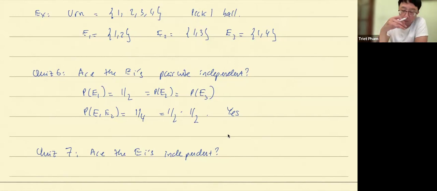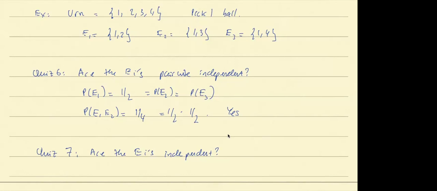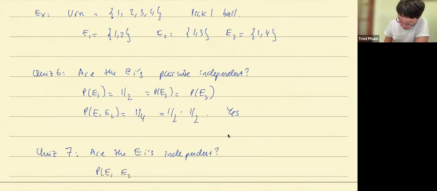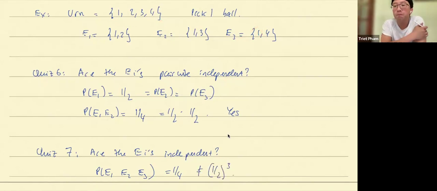Now, what do we need to do? No, because if we take the probability of all three happening, then we have 1/4, but that's not 1/2 cubed. You're saying something in the right direction, but what's the probability of all three happening? Oh, sorry, you said 1/4, right? You're right, I'm wrong. That's correct, because all three happening is still ball 1, which is 1 out of 4. But you see exactly that is not 1/2 cubed. That's exactly correct. Very good.